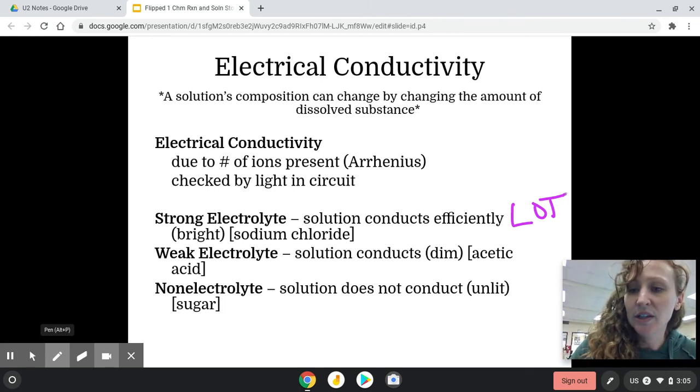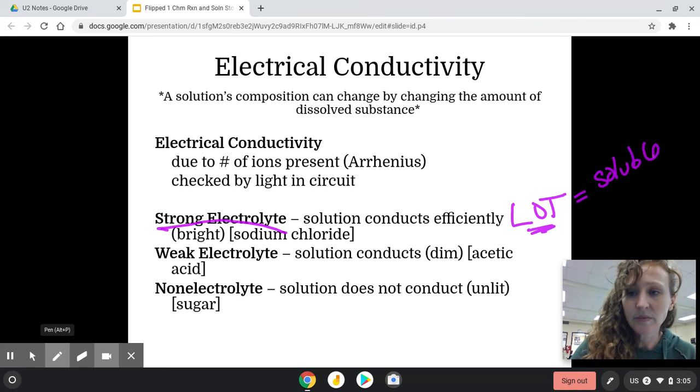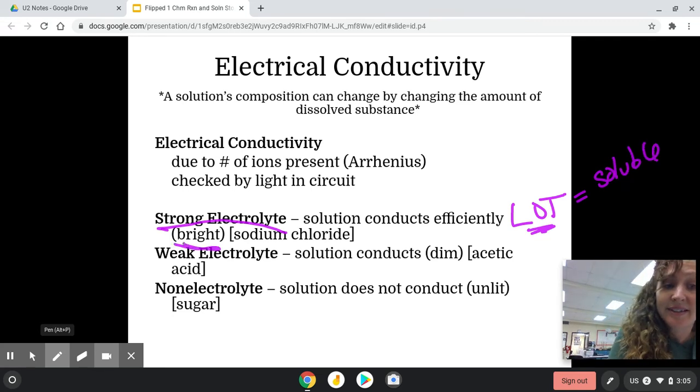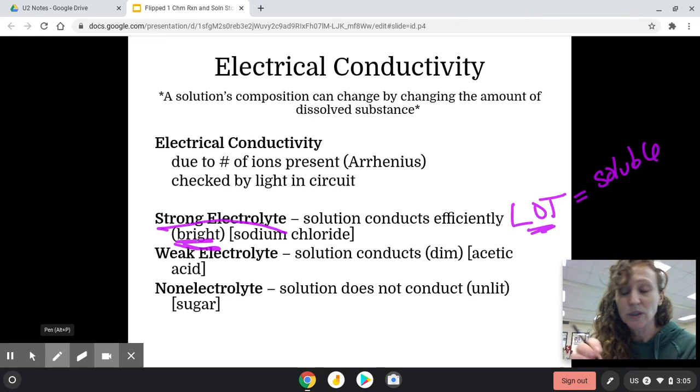So a strong electrolyte means you have a lot of ions present, which means your salt is soluble. And the light is going to turn on really bright.